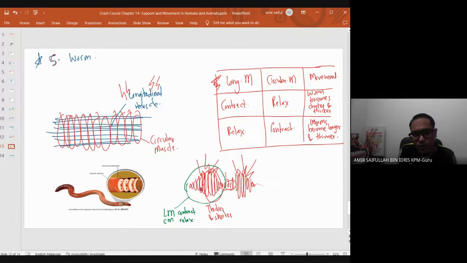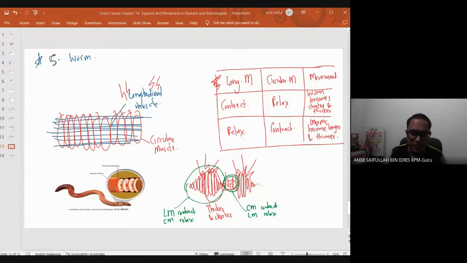So the worm will become short and thicker. Right? And then this part you see very long, right? This part is when the circular muscle contracts. Circular muscle contracts, longitudinal muscle relaxes. So the worm will become longer and thinner.